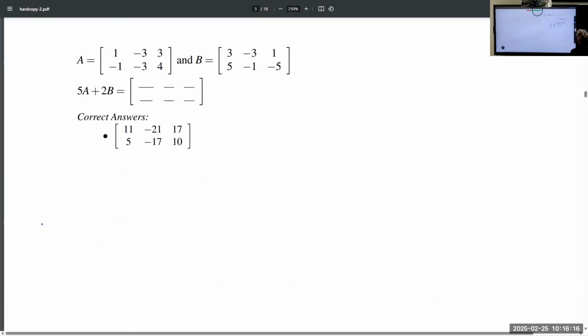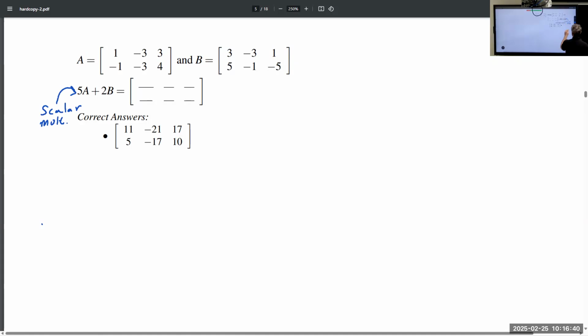We're given a matrix A, a matrix B, and we want to know what is 5A plus 2B. This is called scalar multiplication, where you are multiplying a matrix just by a number.